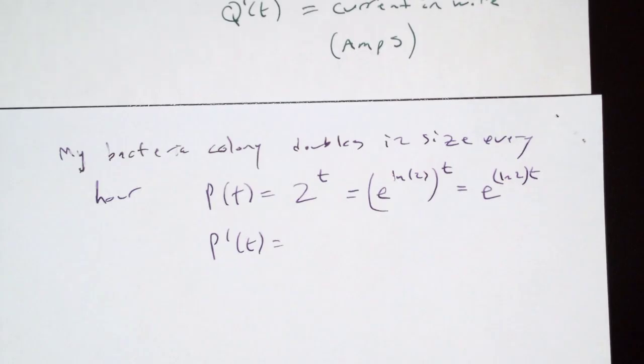But if that was e to the 3t, and I went to take its derivative, what would happen to the 3? What's the derivative? E to the stuff. It's not just e to the x anymore. What's the derivative? E to the stuff.